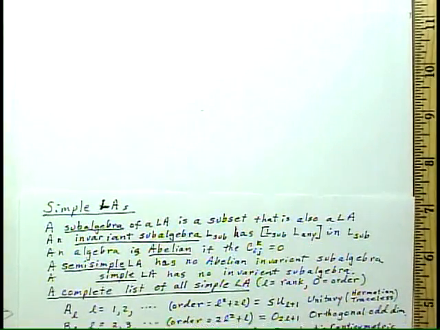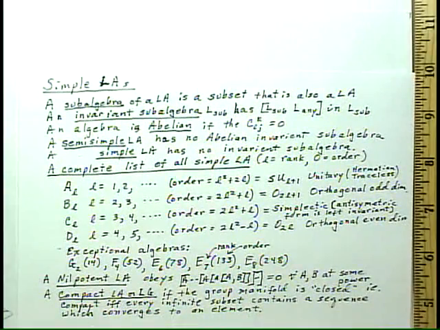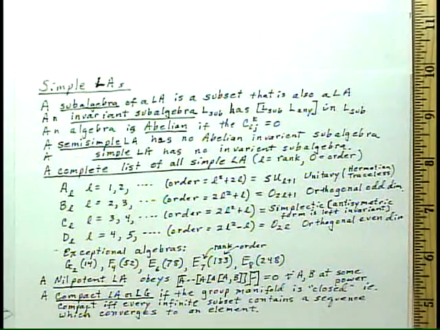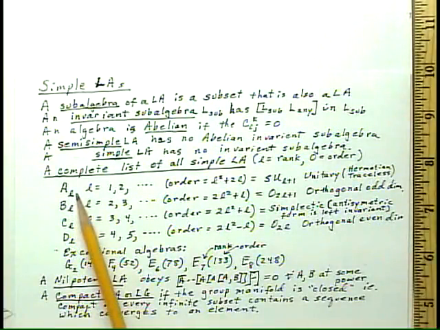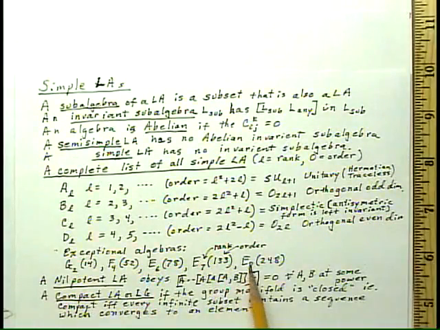We now need to go through the list of simple Lie algebras. These are in 4 series. Each of these series is an infinite number of algebras of a given category. They're normally categorized as the A's, B's, C's, and D's. Then there are 5 exceptional algebras: G2, F4, E6, E7, and E8.